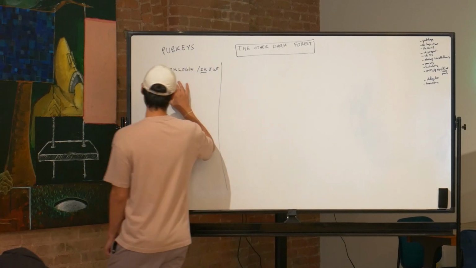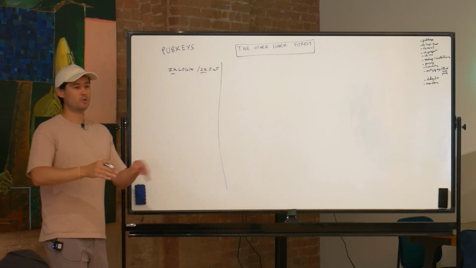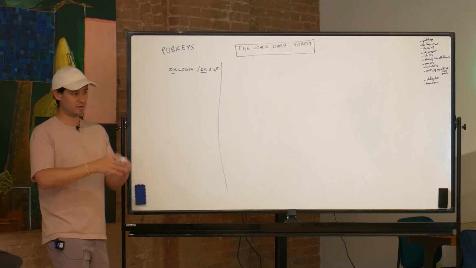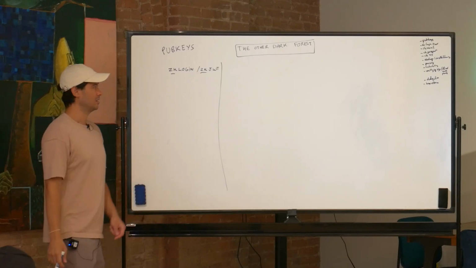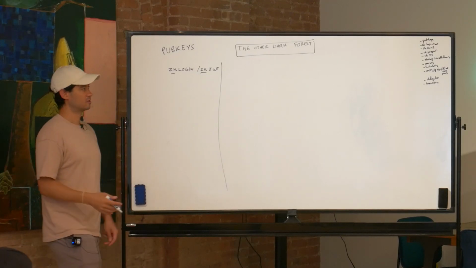And so the whole idea of ZKLogin was, imagine that you don't want people to handle accounts with keys, because handling private keys is kind of complicated. And so we're looking at what else they can use to control their accounts.